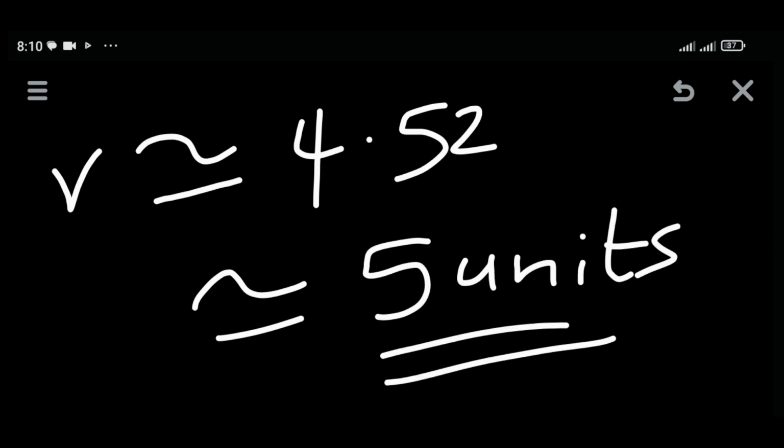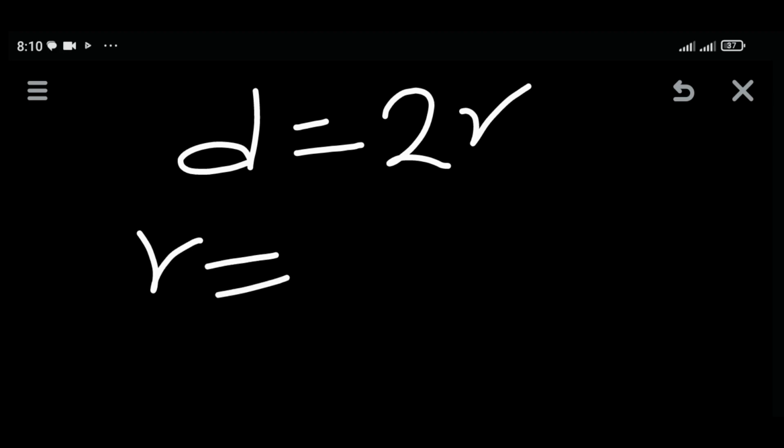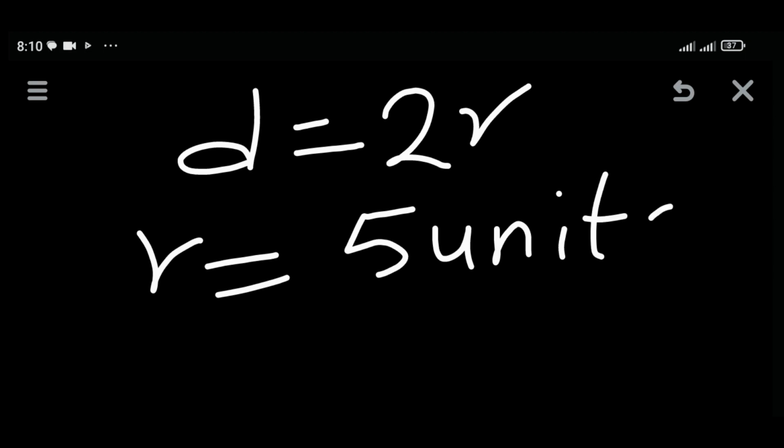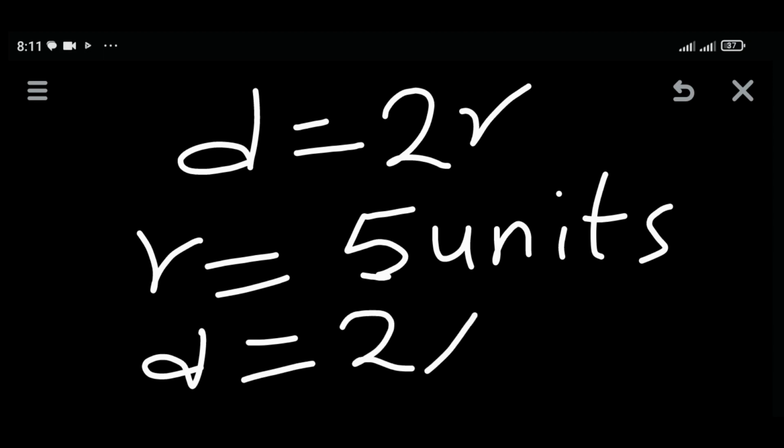So we are asked to find the diameter D. That is why we are not stopping there. And our diameter D equals 2 times the radius. Having gotten our r to be equal to 5 units as a whole number, our diameter D would then be equal to 2 multiplied by 5 units.